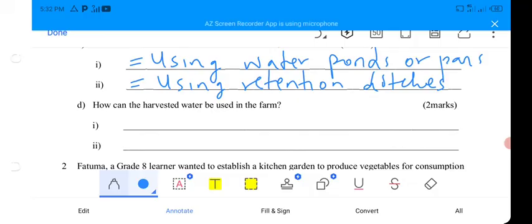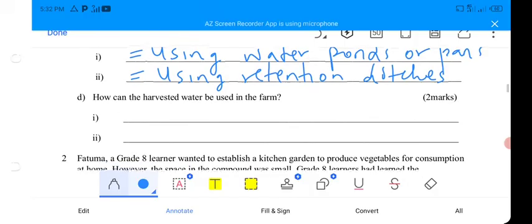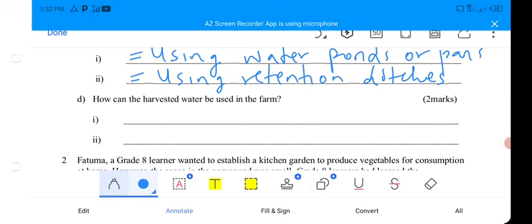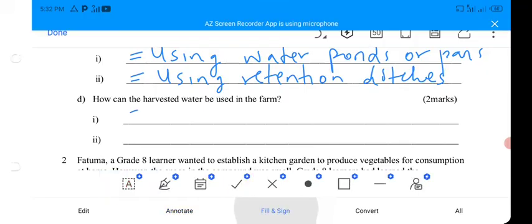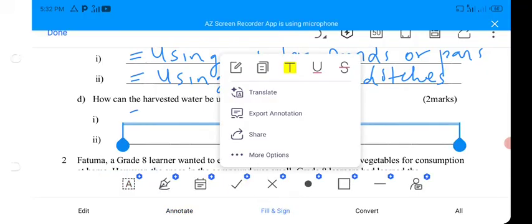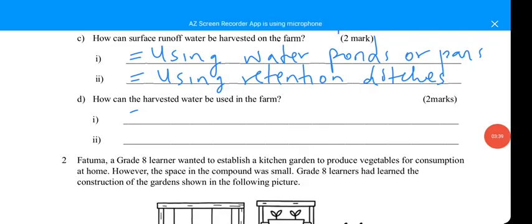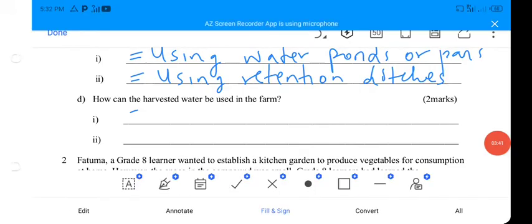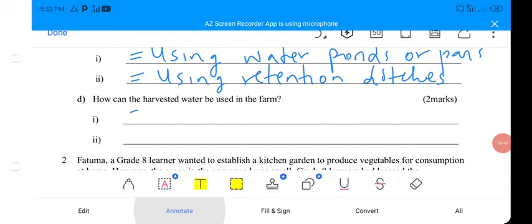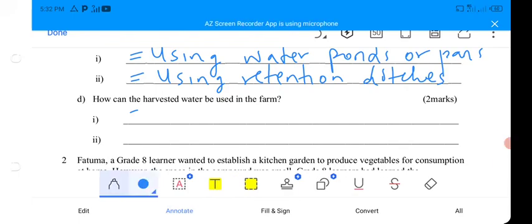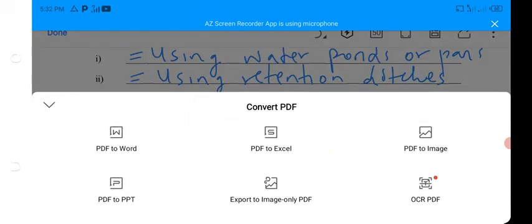How can harvested water be used in the farm? Harvested water can be used for irrigation.